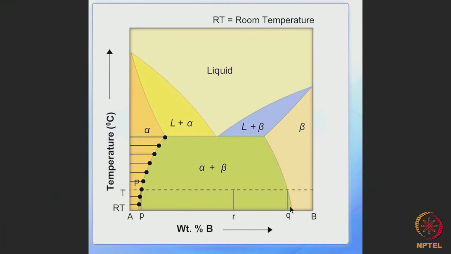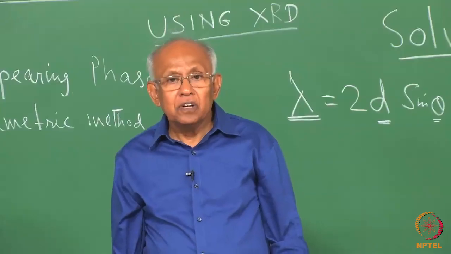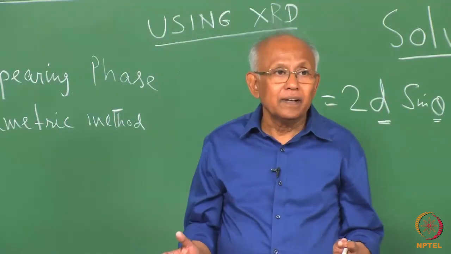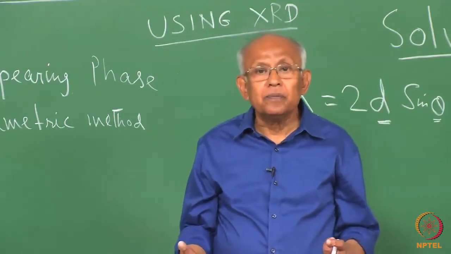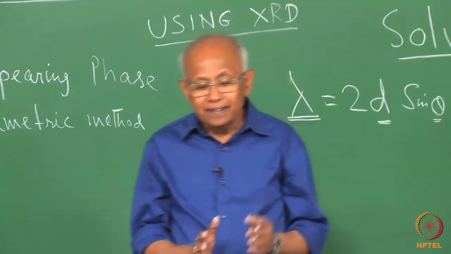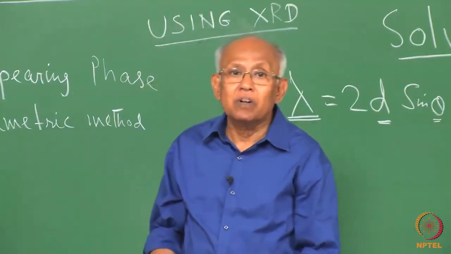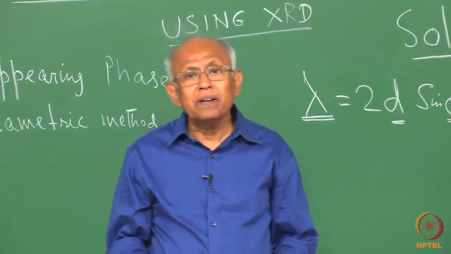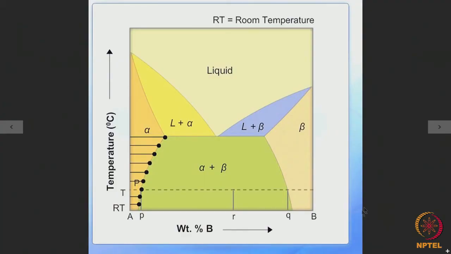But you see, sometimes we have a problem. Say for example, if we are dealing with two components, one has a very high atomic number, the other has a very low atomic number. Say A is a very high atomic number element and B is a very low atomic number element.